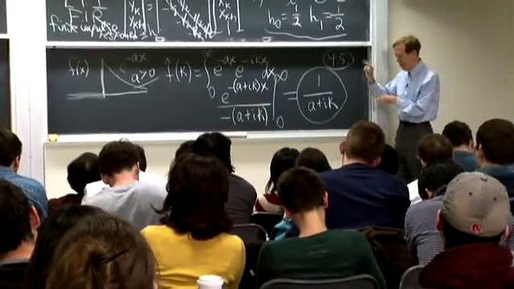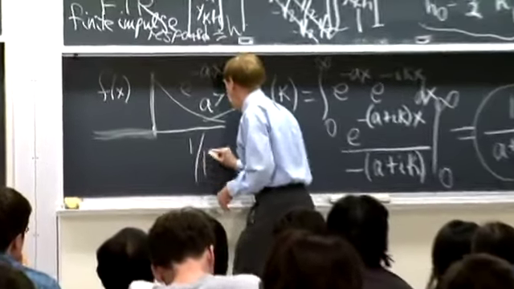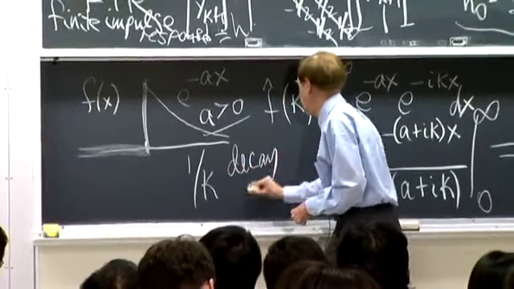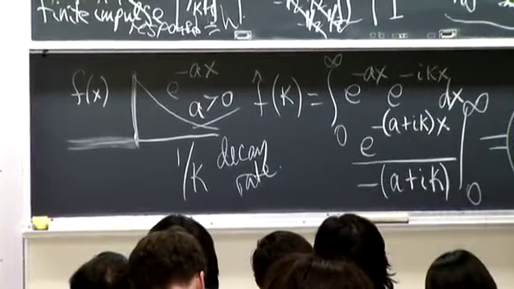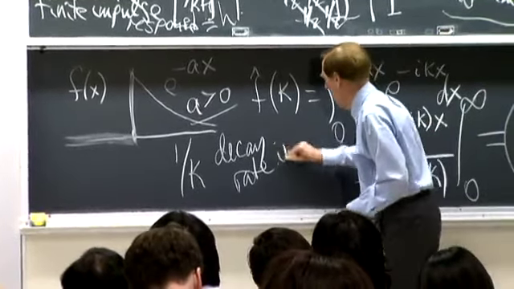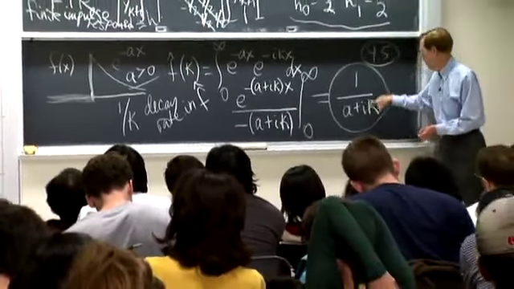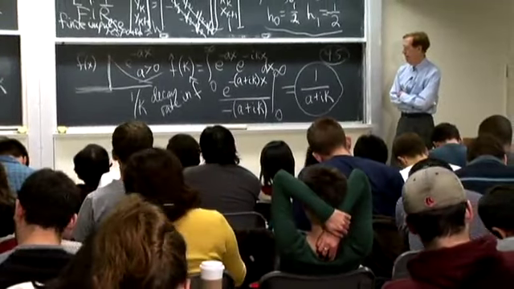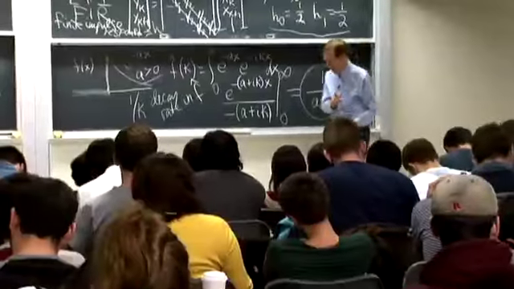So a jump in the function, I expect a decay rate of 1 over k. Just as for Fourier coefficients, so for the integral transform. So a decay rate in f hat. And it's here. 1 over k in the denominator. Yeah. So that's a good example.